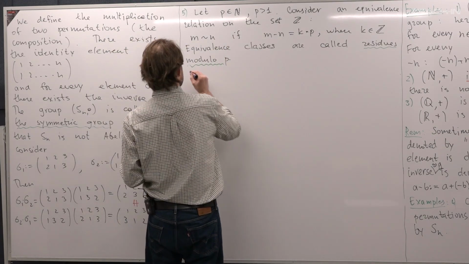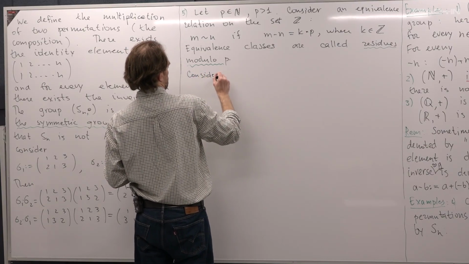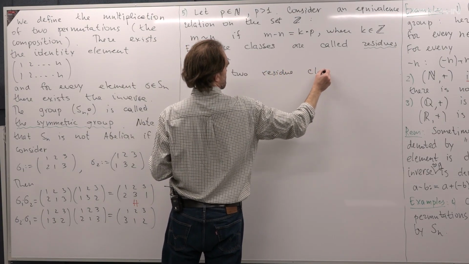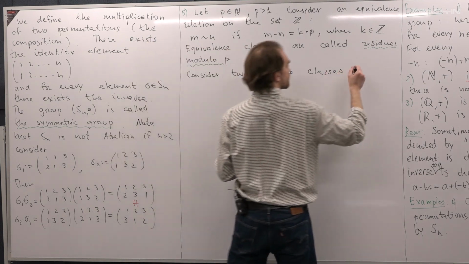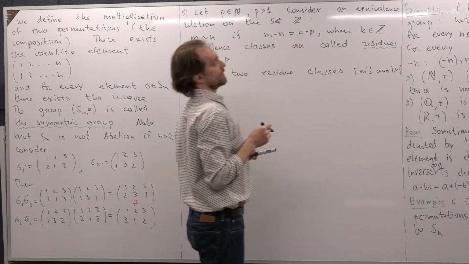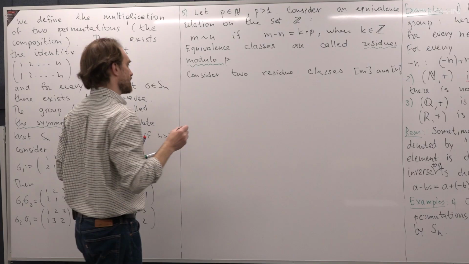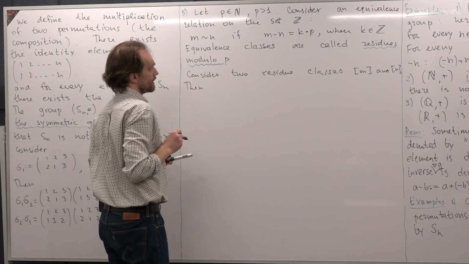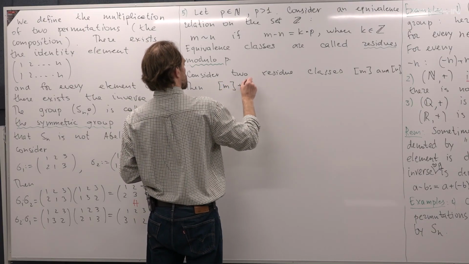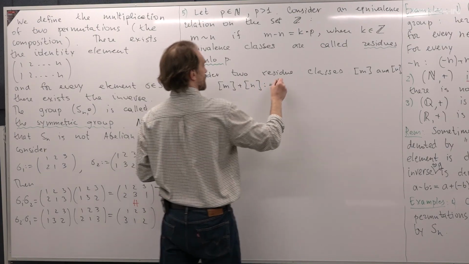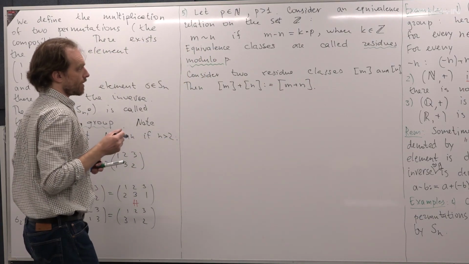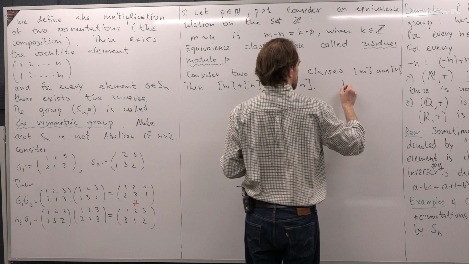So consider two classes, M and N, so I will denote the classes in brackets. Then we can define an operation on the set of these classes. So M plus N, by the definition, is the class of the element M plus N. So this definition obviously does not depend on the choice of representatives.